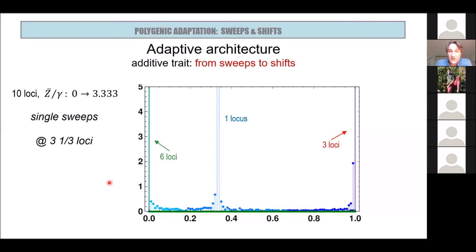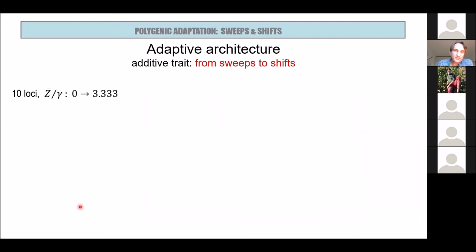This is one scenario, something that we would call single sweeps. We have 3 sweeps that are completed, and we have one that is still a partial sweep. It's on its way. If we would wait longer, it would move over here, but right now, when we've sampled it, it's still a partial sweep.